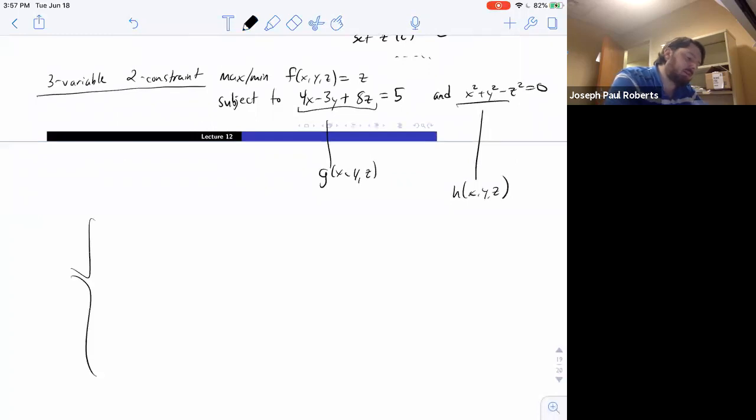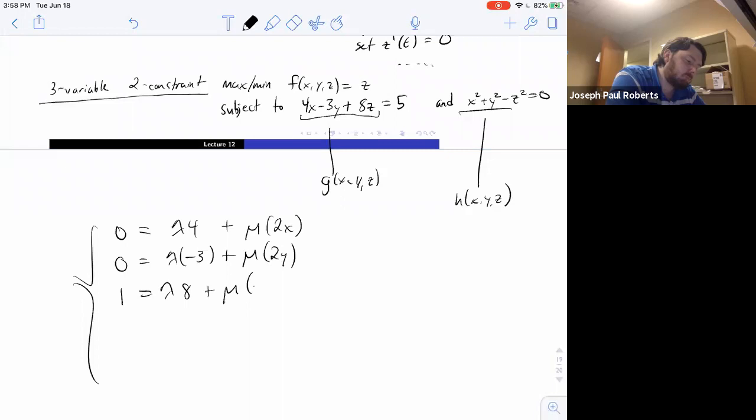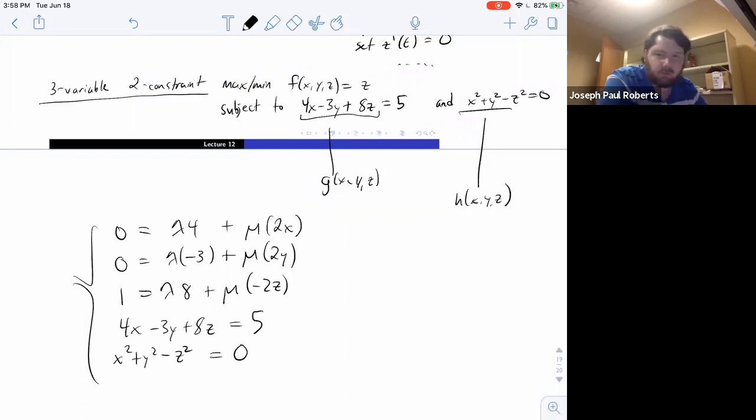So our big system of equations becomes grad f, which is 0, 0, 1, equals lambda times grad g plus mu times grad h, and then g of x, y, z equals 5 and h of x, y, z equals 0.